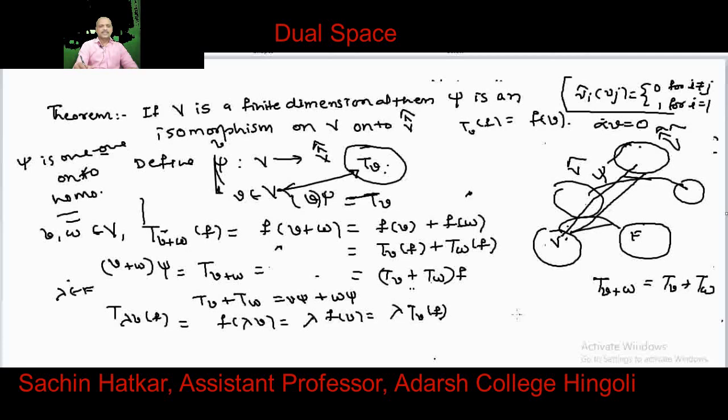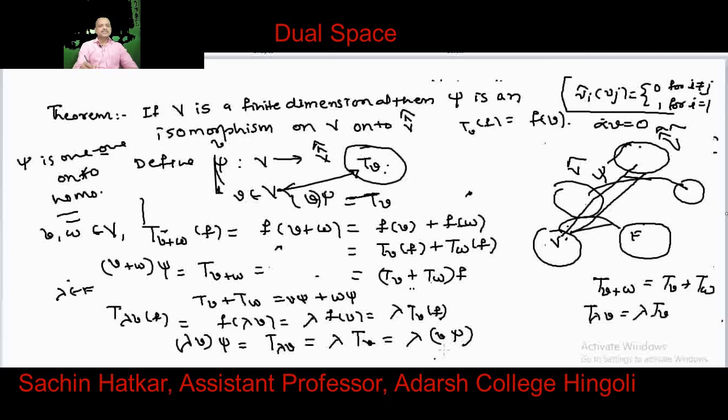So we get that T_{lambda v} equals lambda times T_v. Now if we take psi of lambda v, this is equal to T_{lambda v}, but this is lambda times T_v, which equals lambda times psi of v.